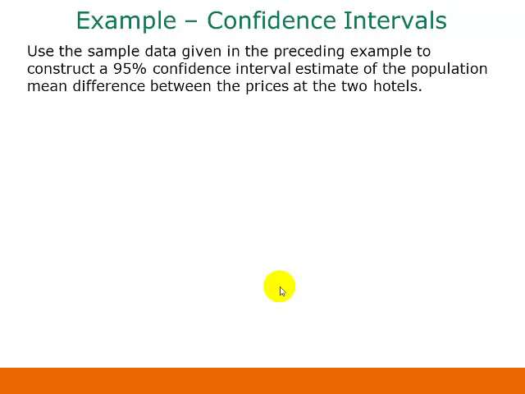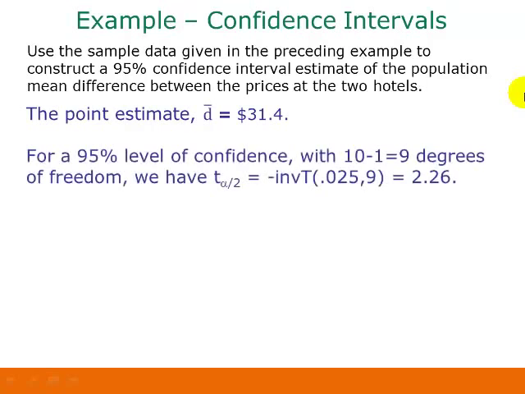So here's an example. We're going to use the sample data given in the preceding example to construct a 95% confidence interval estimate of the population mean difference between the prices at the two hotels. So again, our point estimate was d bar, and that's $31.40.